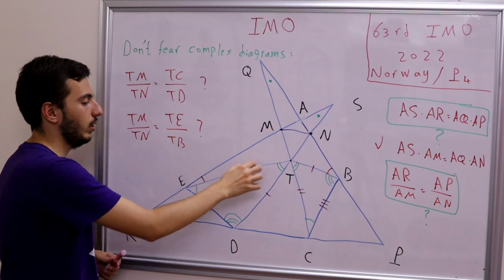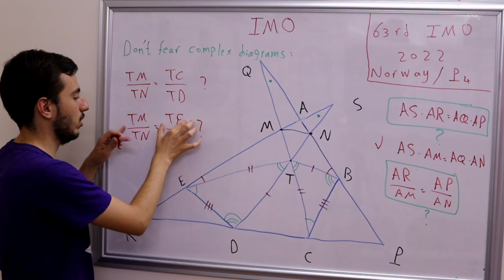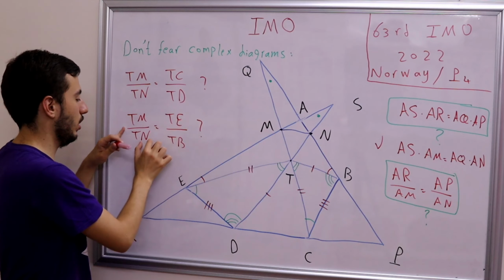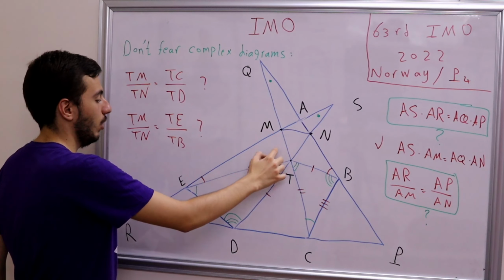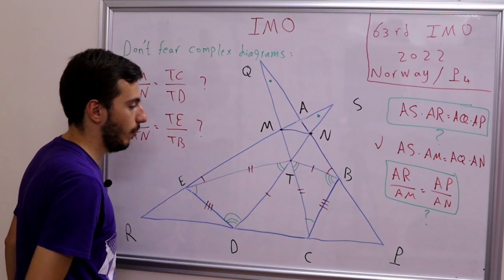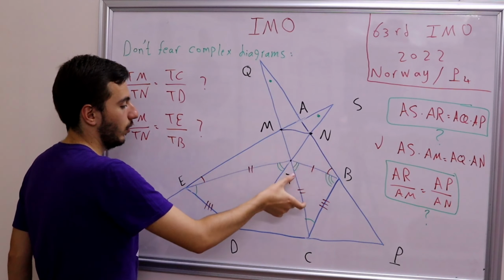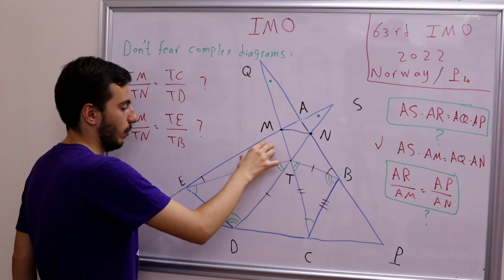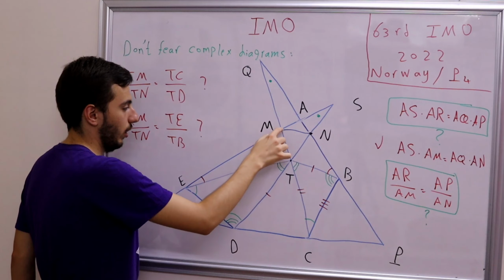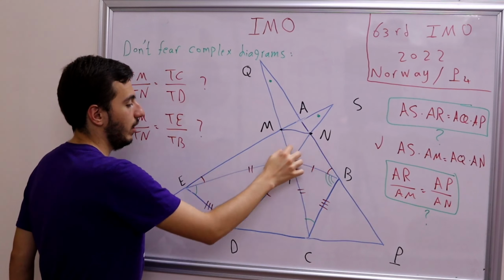Alright, now clearly if we just took TE here and TN here, we will have TM over TE is the same as TN over TB. So basically, we should have something really nice here, like this triangle MTE and NTB.